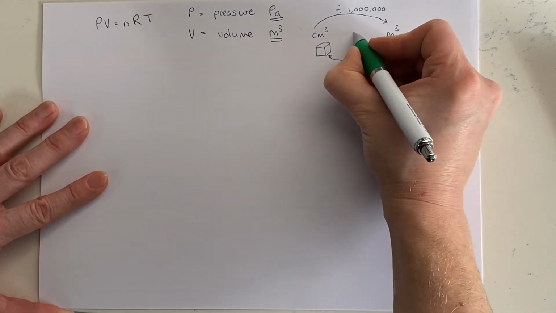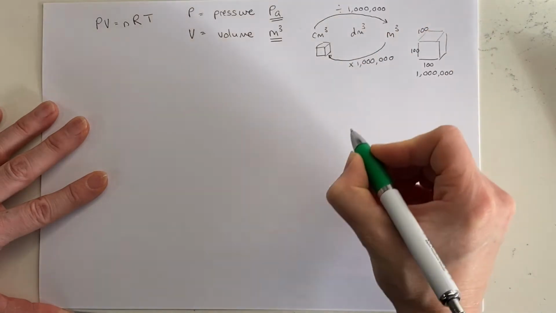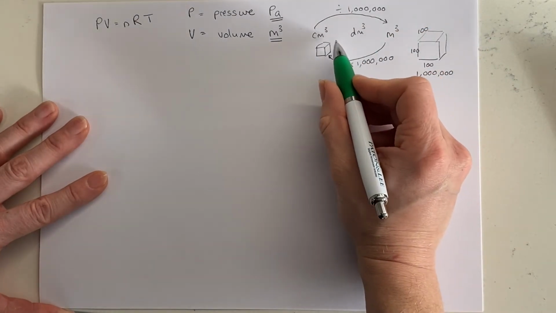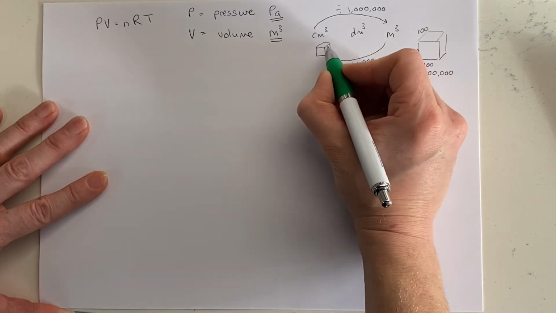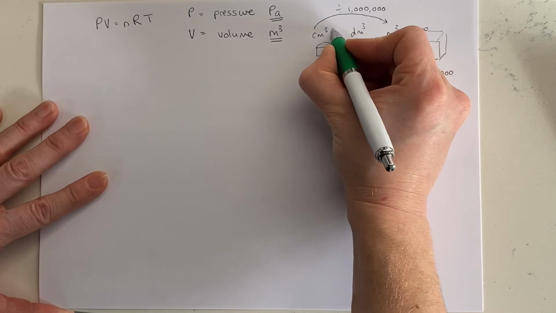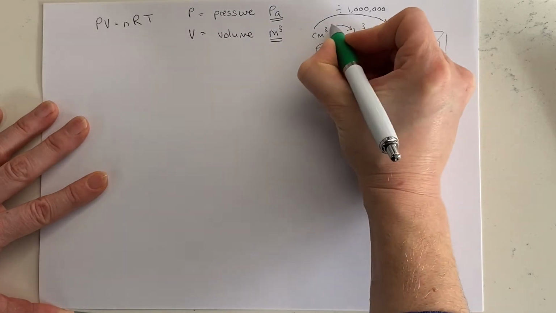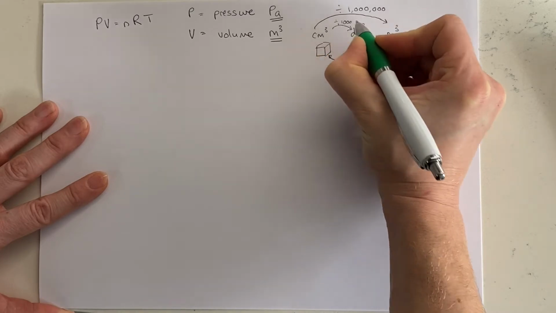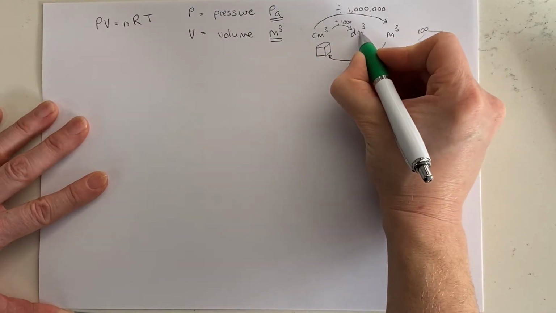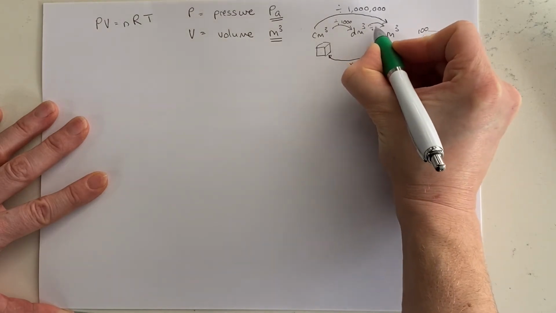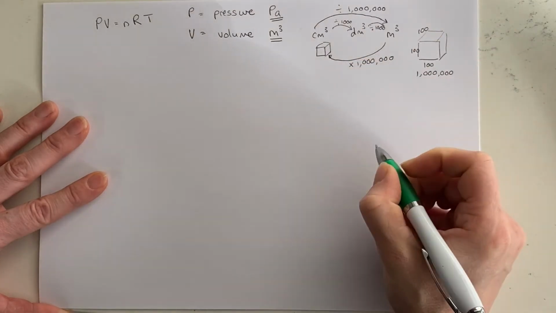In the middle, we've got decimeters cubed, and we already know from doing titration calculations that if you have a value in centimetres cubed and you want to get it into decimeters cubed, you would divide it by 1,000. And so decimeters cubed to meters cubed is another divide by 1,000.